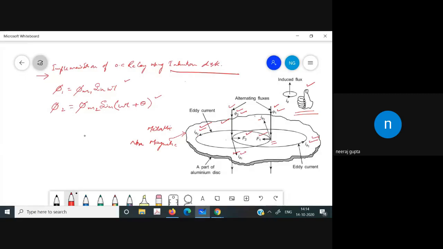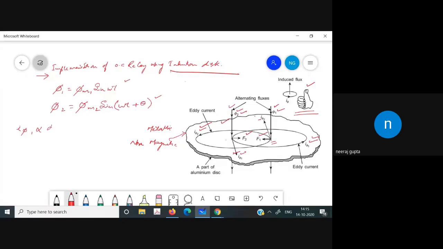Now each flux will induce a voltage in the disk and give rise to an induced current, that is I phi1 and I phi2 that we have seen here. Let us assume that the eddy current path has negligible inductance. In that case, the current I phi1 is proportional to d phi1 by dt, since the inductance is negligible in the eddy current path.